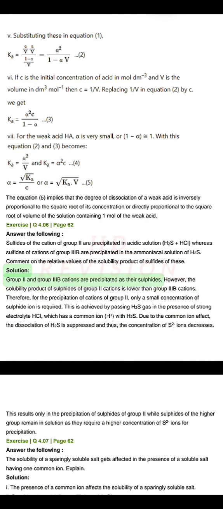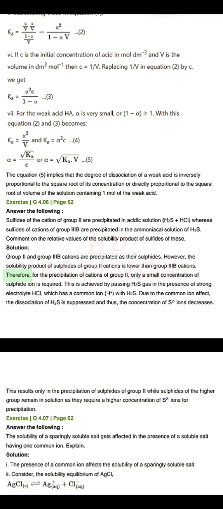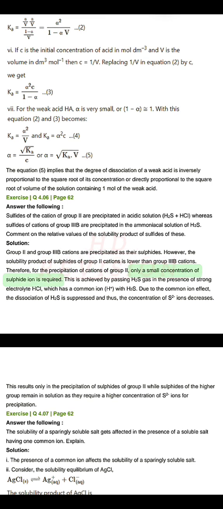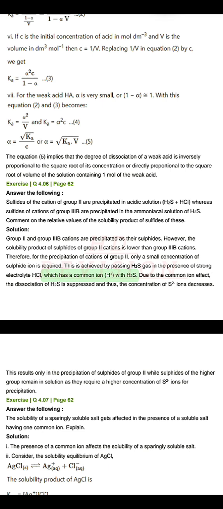Solution: Group 2 and group 3 cations are precipitated as their sulfides. However, the solubility product of sulfides of group 2 cations is lower than that of group 3 cations. Therefore, for the precipitation of cations of group 2, only a small concentration of sulfide ion is required. This is achieved by passing H2S gas in the presence of the strong electrolyte HCl, which has a common ion H+ with H2S.